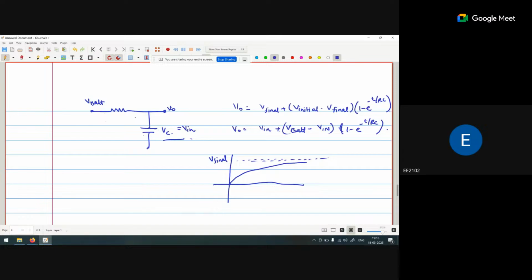For example, if our time constant is very small, that means it will be sharply charged and sharply discharged. So we can't use that capacitor as a battery, because we require a battery that will be long lasting. If I use a battery, my expectation is that it will work for 12 hours, 24 hours, 30 hours, more than that.